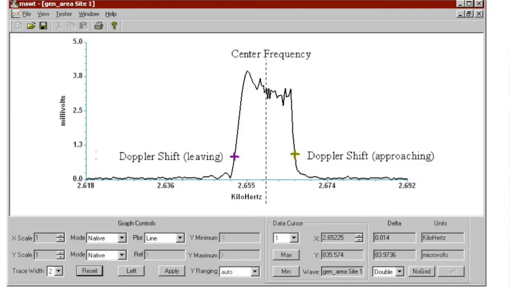So all we have to do is find the center by taking the difference between the front and the back, divide by 2, and that's the center frequency. Then you just take one side or the other, because the train was approaching or leaving at pretty much the same speed.